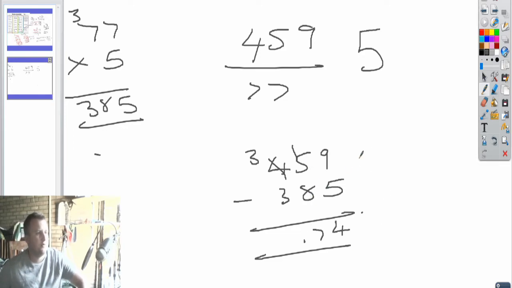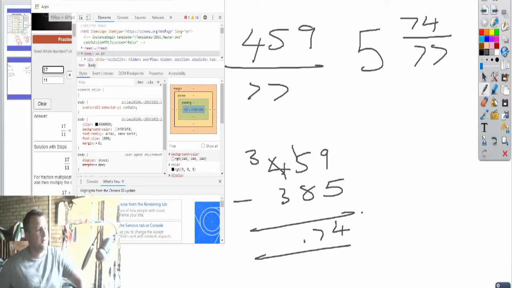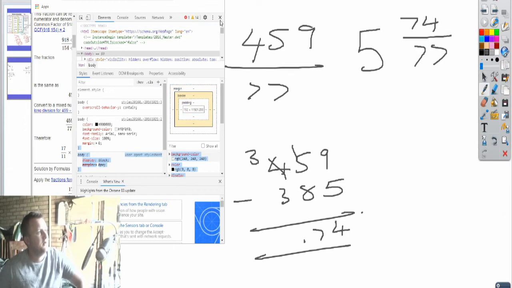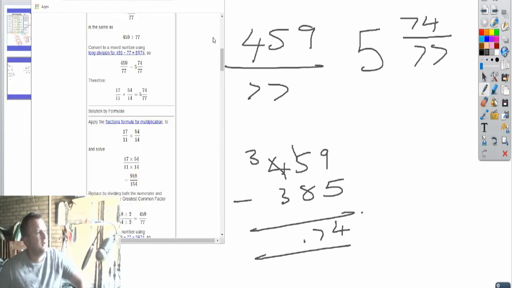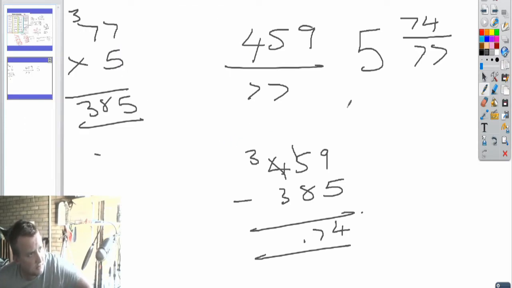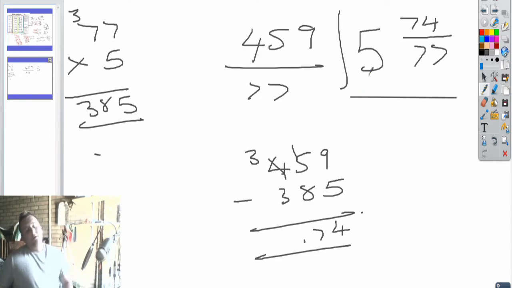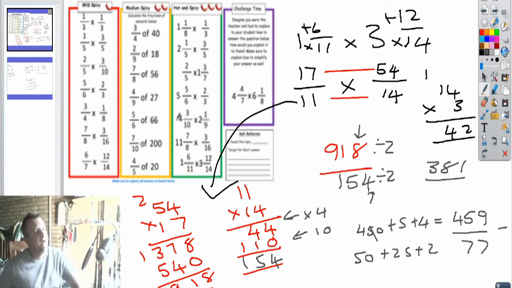So it's 5 and 74 over 77. So there you go. 5 whole numbers, 74 over 77. That is one of the tougher questions I've done, and I like this calculation.